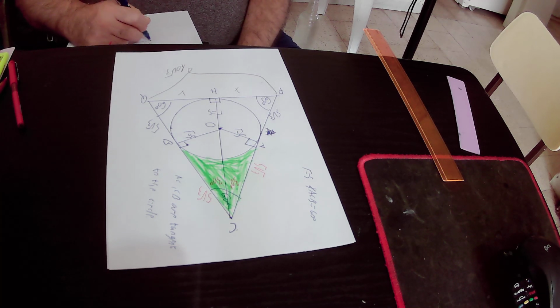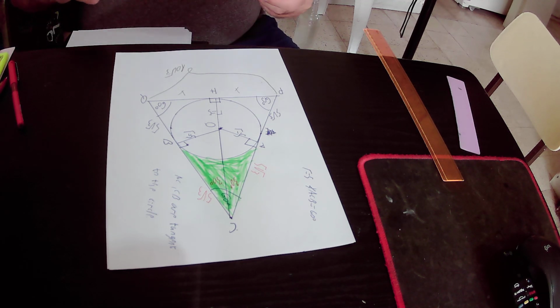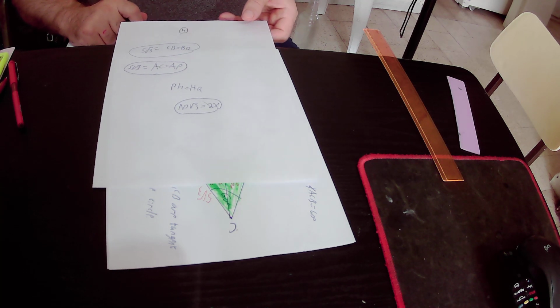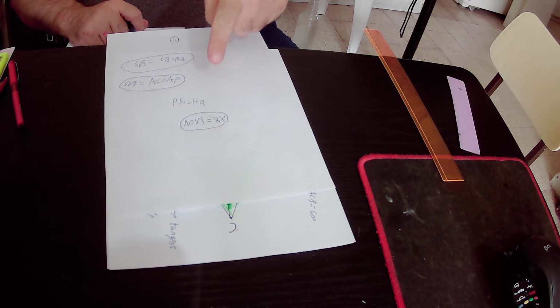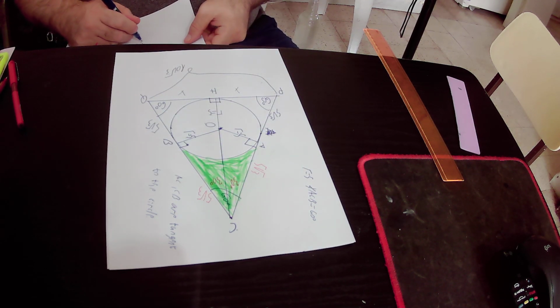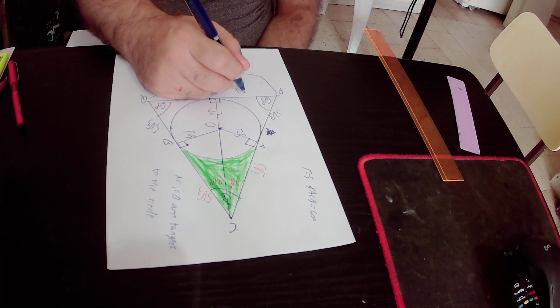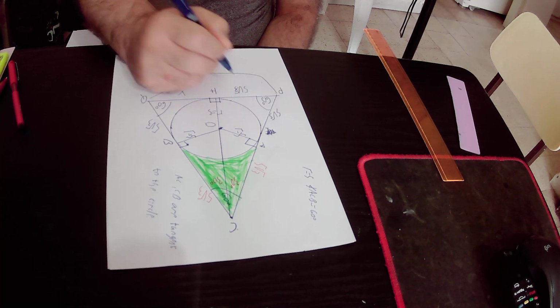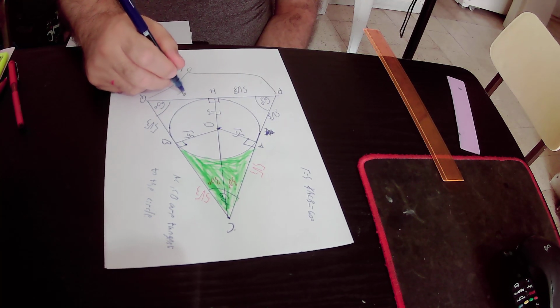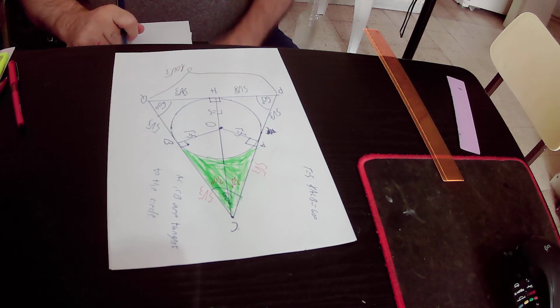So in total, we get that 10 times root 3 equals 2X. Here we divide this equality by 2 and we get that X equals 5 times root 3 units. So here PH is 5 times root 3 units and HQ also is 5 times root 3 units. Okay?